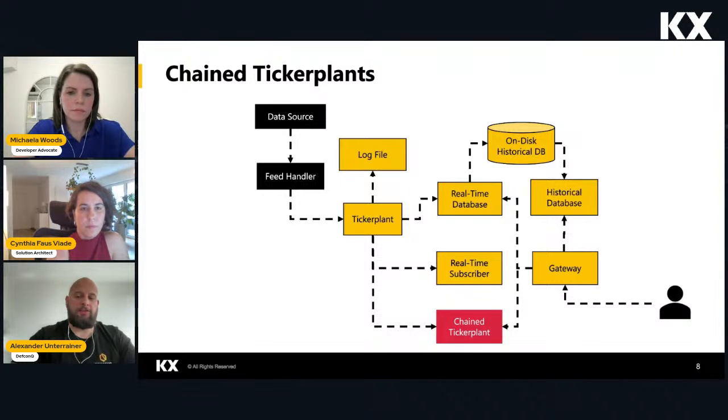That depends on your design, and then you can publish the data to the real-time subscribers that actually subscribe to the chain Decaplant. So basically, it's just a safety net for your application to avoid that the main Decaplant gets too much load or gets backed up by slow subscribers and then crashes.